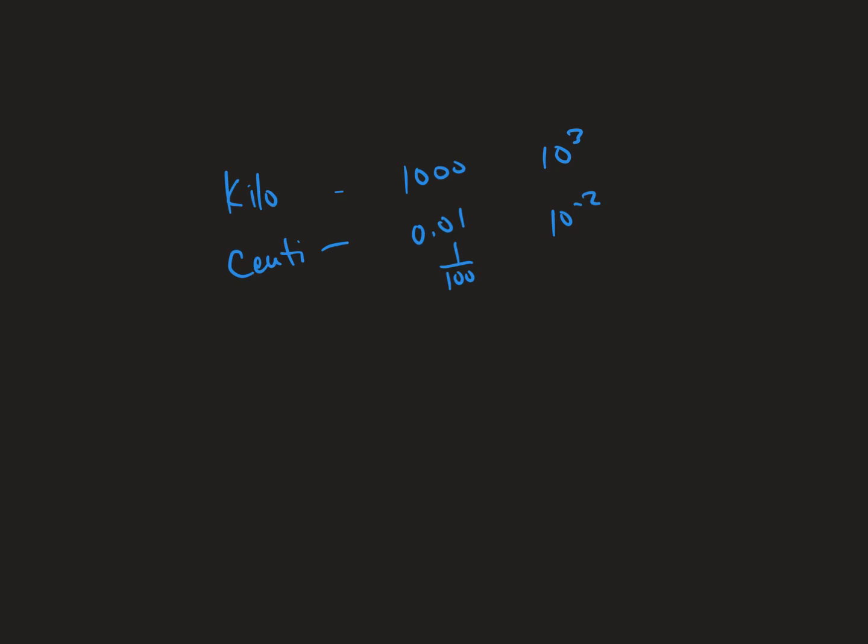You do what you need to do. Does that make sense? And then milli is 0.001 or 1 over 1,000, and that's 10 to the negative 3. That's probably the most common, so make sure you have that down.